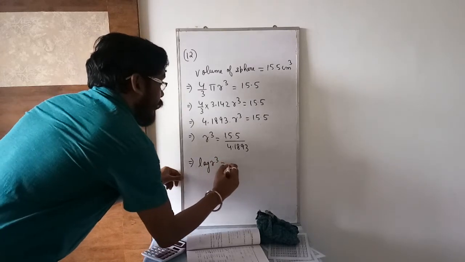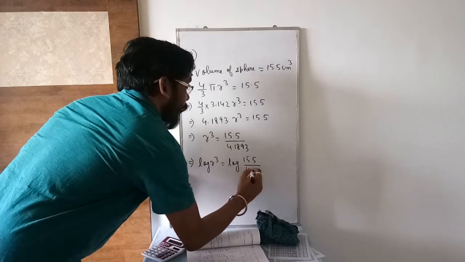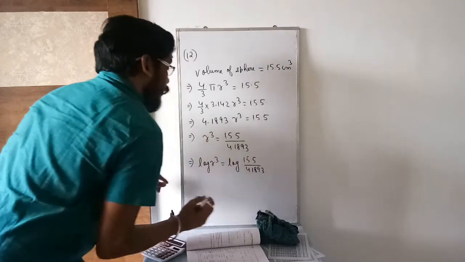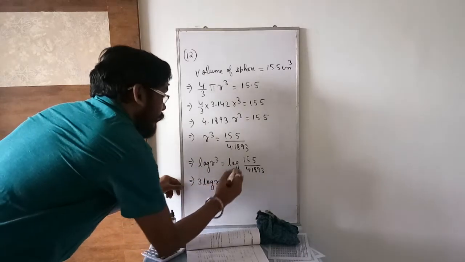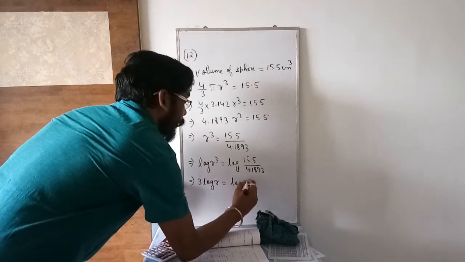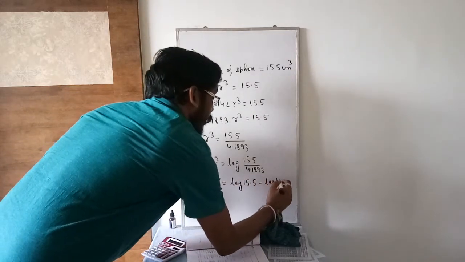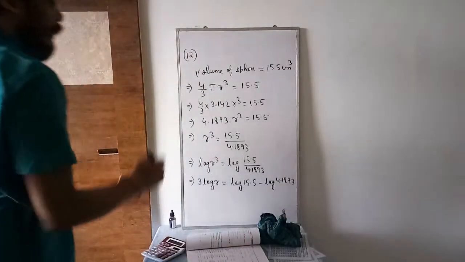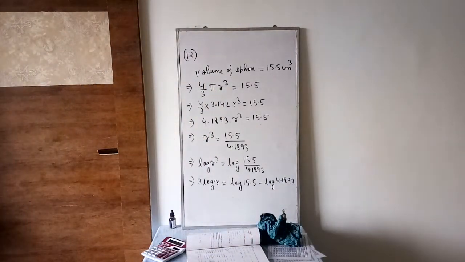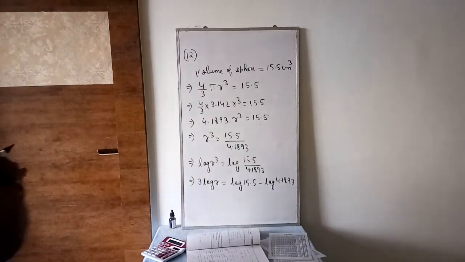So it is log r cube and log of 15.5 divided by 4.1893. So we will get 3 log r equal to log 15.5 minus log 4.1893, since divide means minus. Take the screenshot of this part. Okay, taken. Hope it is clear.